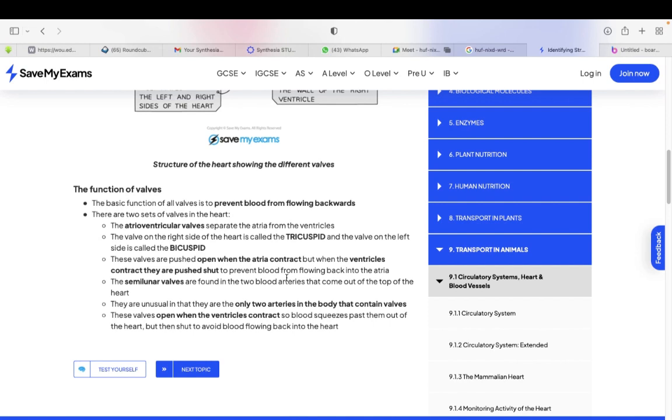So the atrioventricular valves separate the atria, or the atrium in the singular, from the ventricles. That's one set of valves that we have in the heart.